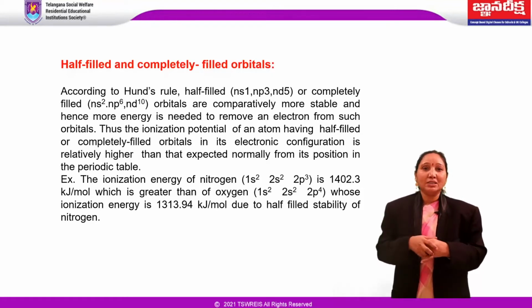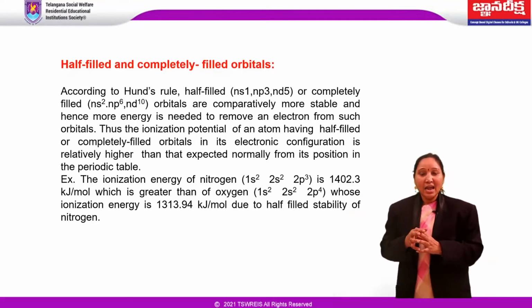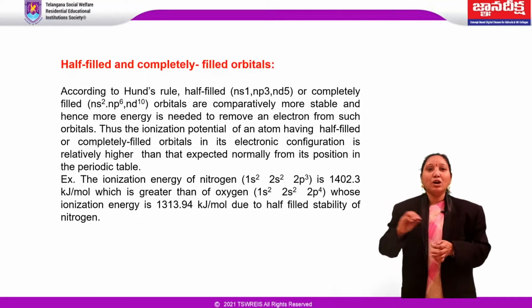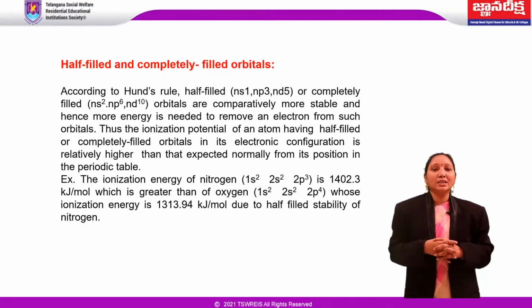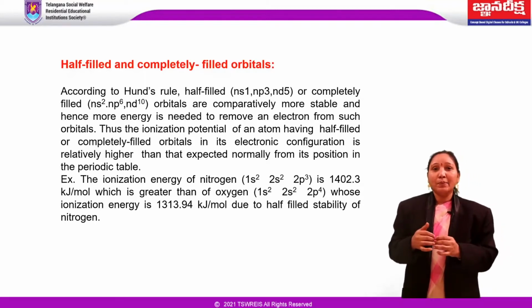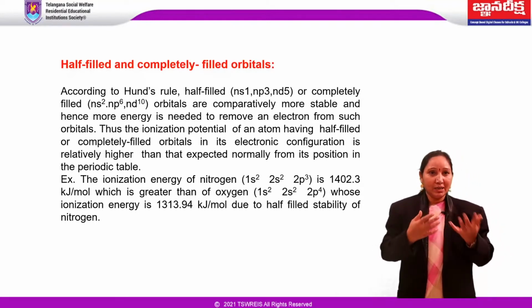Whereas in oxygen, though it comes next to nitrogen in the period, oxygen has a lone pair of electrons and two unpaired electrons in the p orbital, and it is easier to remove an electron from oxygen compared to nitrogen.